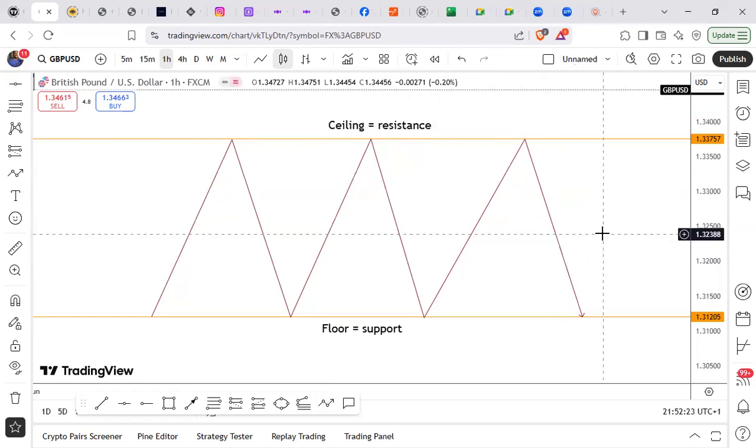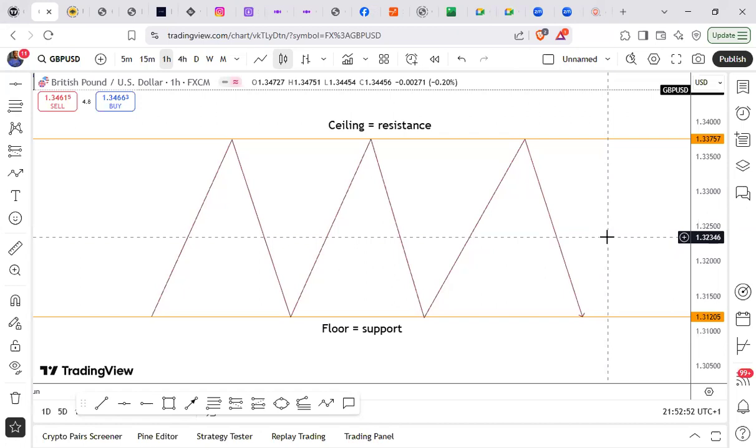Okay, all right. I said, let me now go a step further. The floor is what we call support. The ceiling is what we call what? Resistance. Yes. So now this is the basics, the foundation of technical analysis in trading.